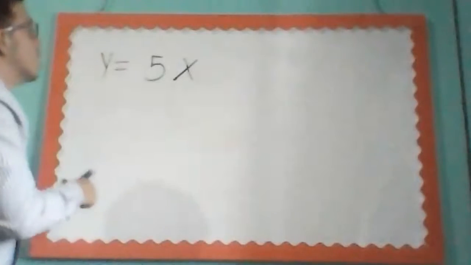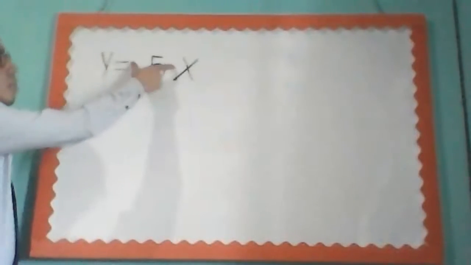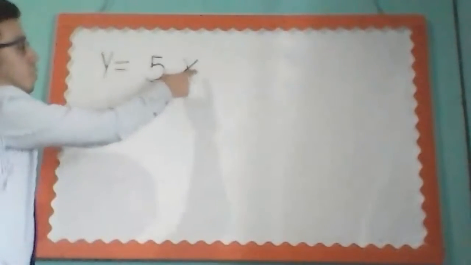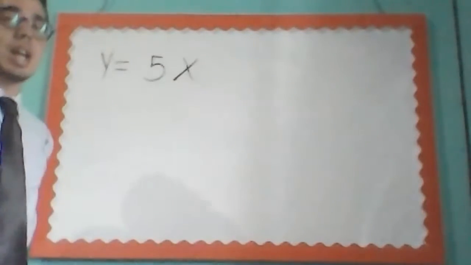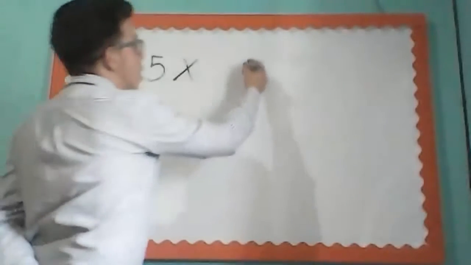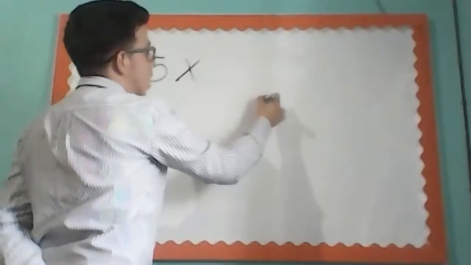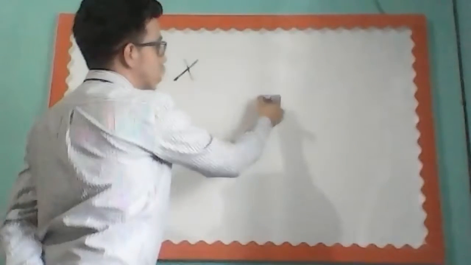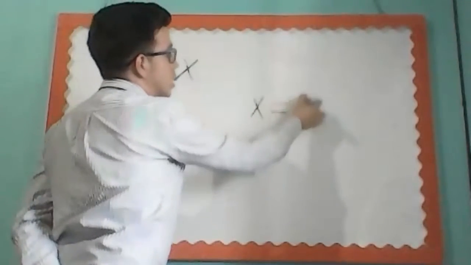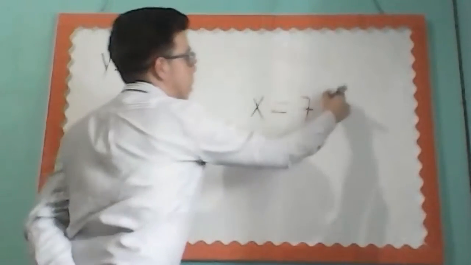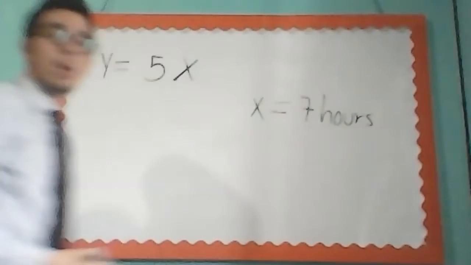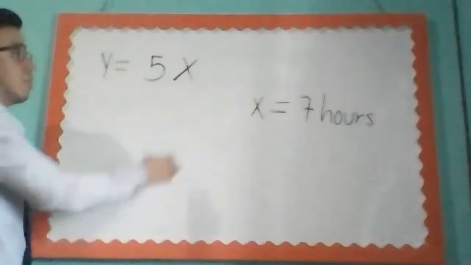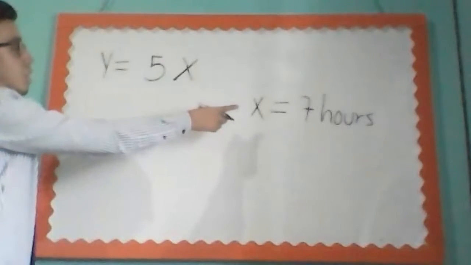So she obtains $5 for each hour that she works. So if, for example, she works 7 hours, X is going to be 7. She works 7 hours. You only replace the value of the number in the variable.